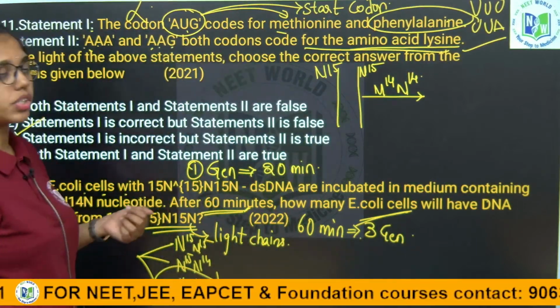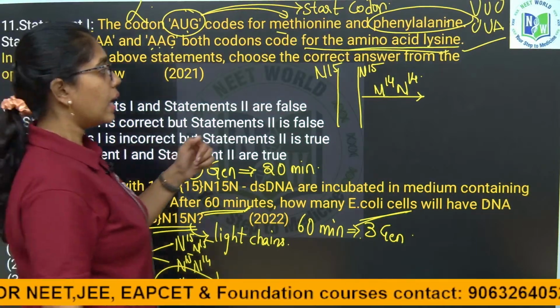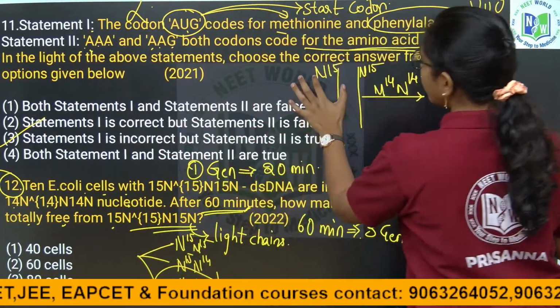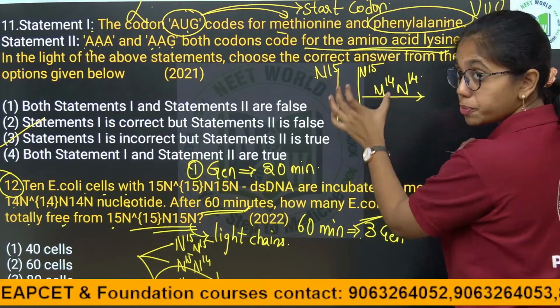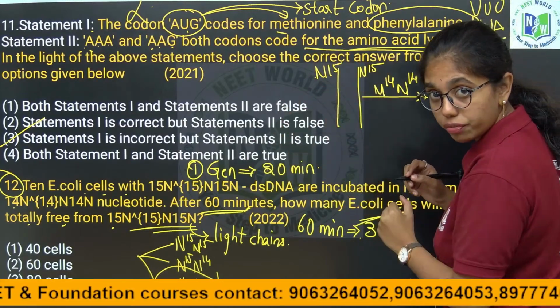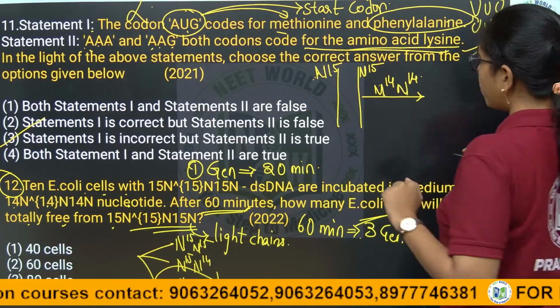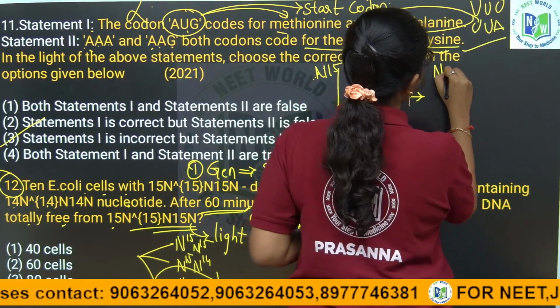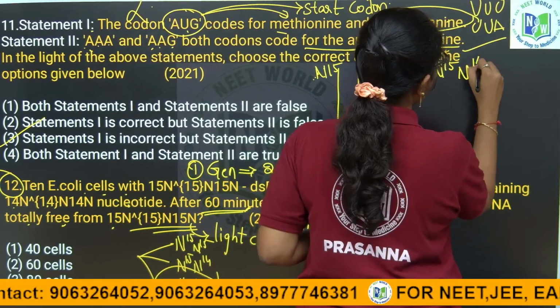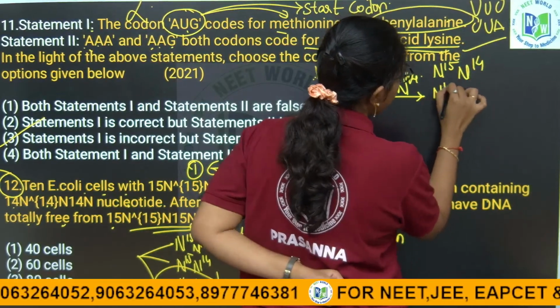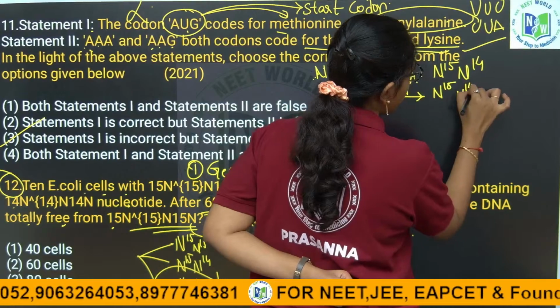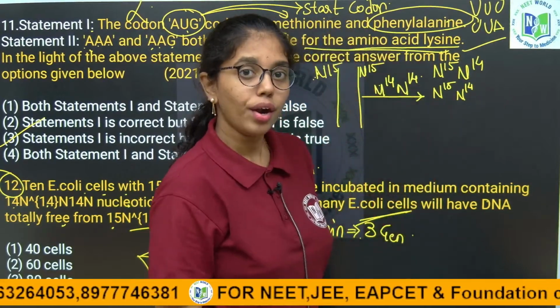After 3 generations, how many light chains can you see? With respect to the semi-conservative method of DNA replication, one template strand and one daughter strand will be formed. So, it will be N15 N14 and N15 N14.